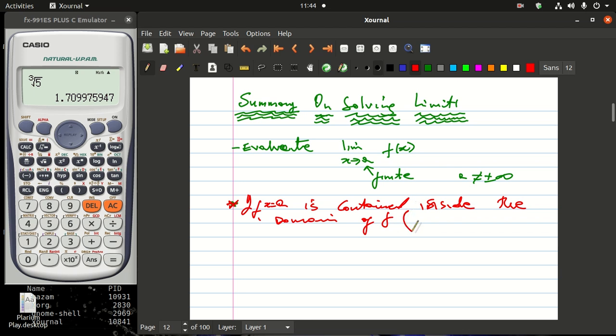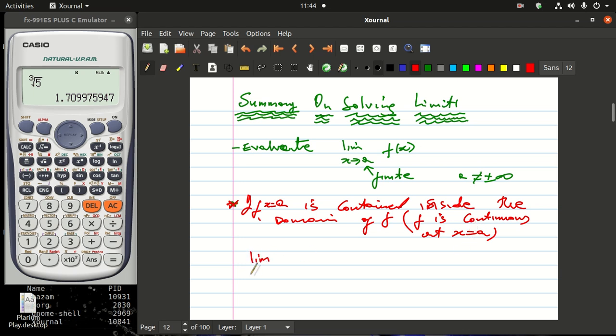What I actually mean by this is that f is continuous at x equal to a.